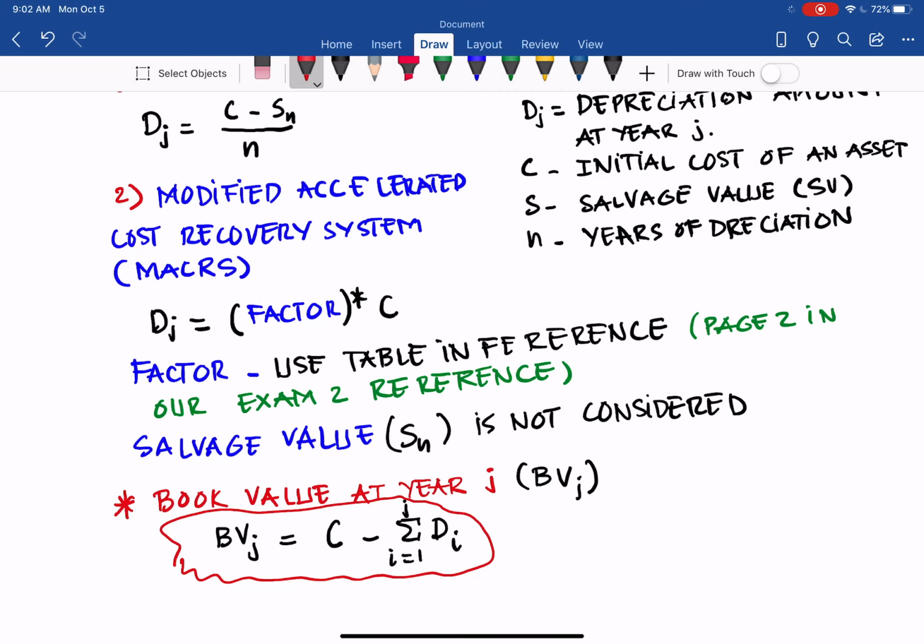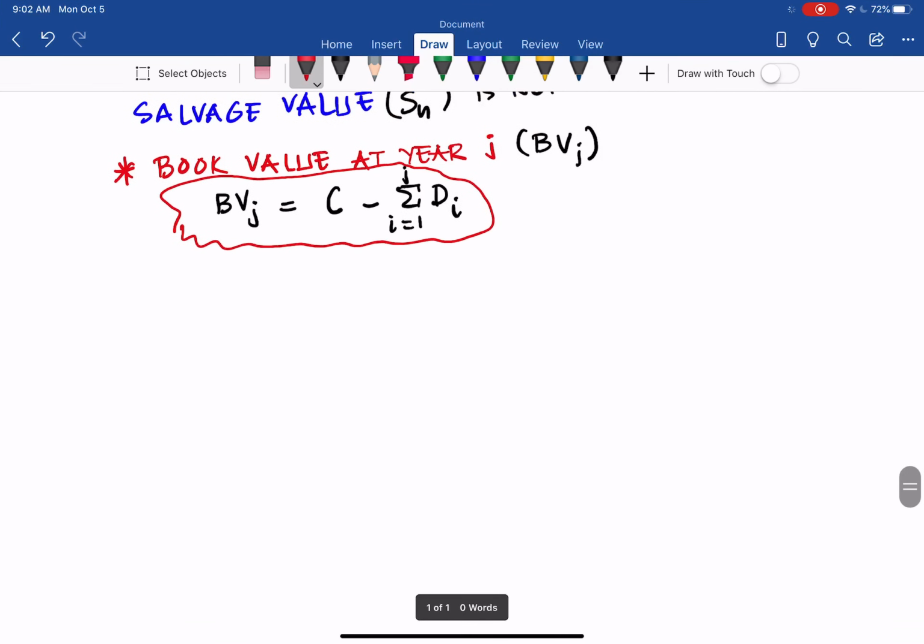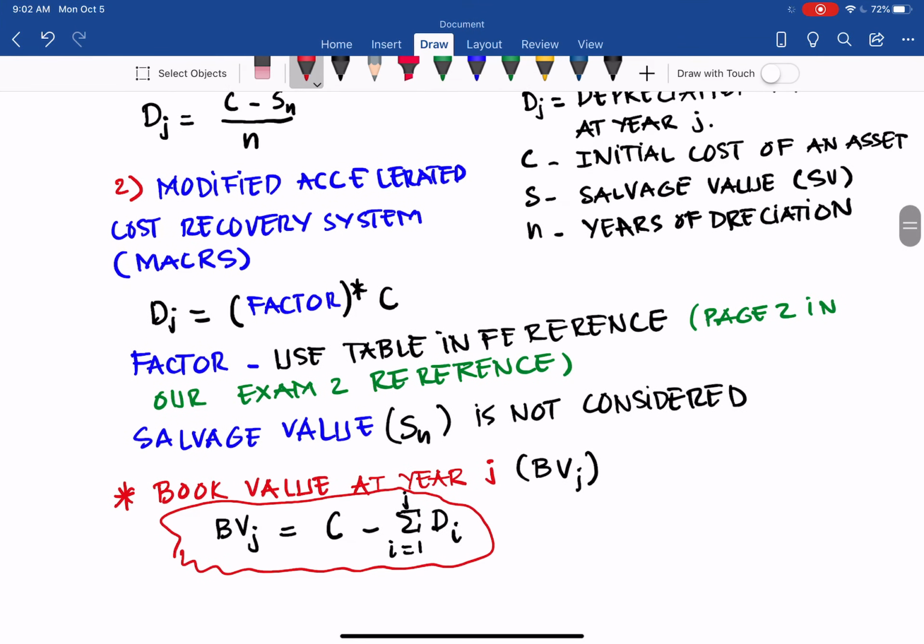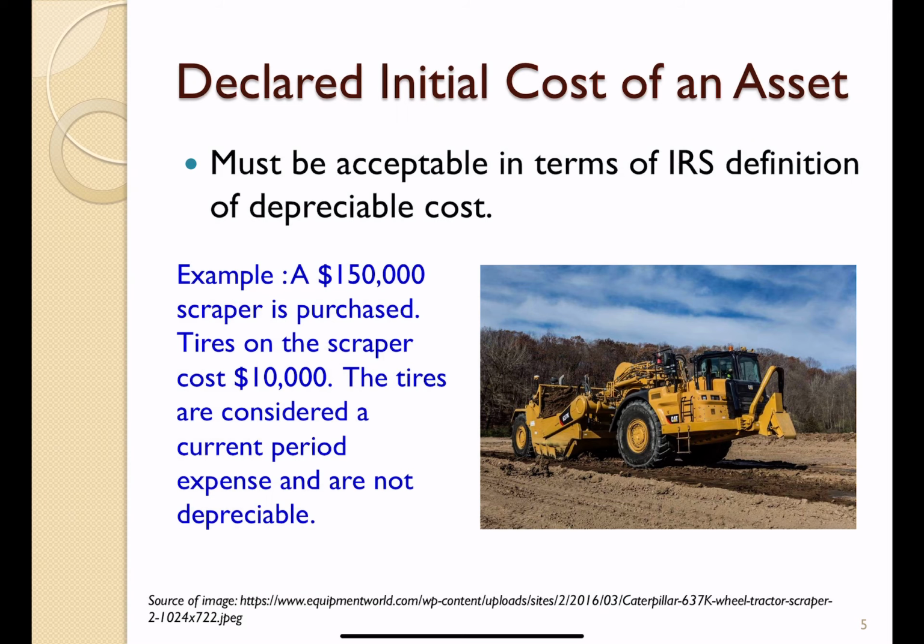So go back here. The last thing we discuss is the initial cost of an asset before we move on to problem 1. In those equations that we're talking about for the methods of depreciation, the cost must be acceptable in terms of the IRS definition.